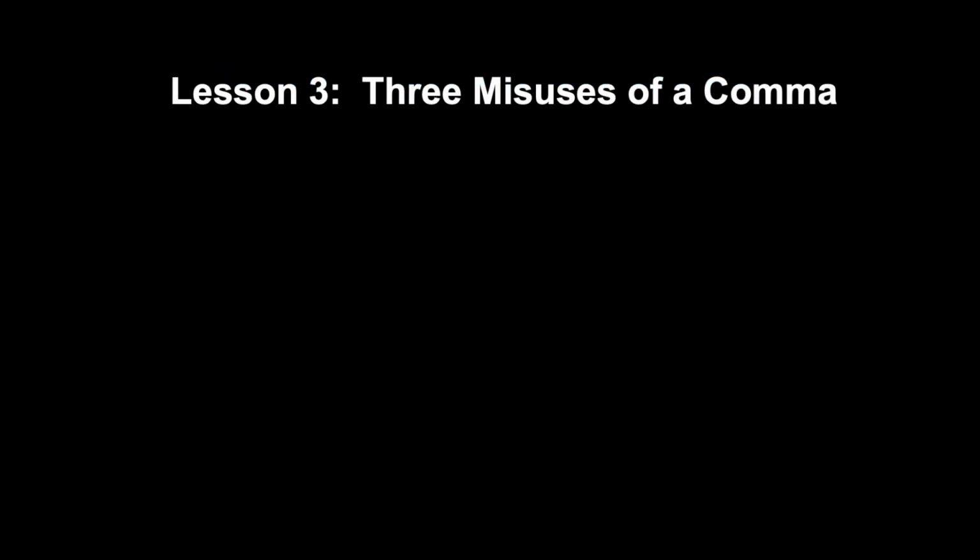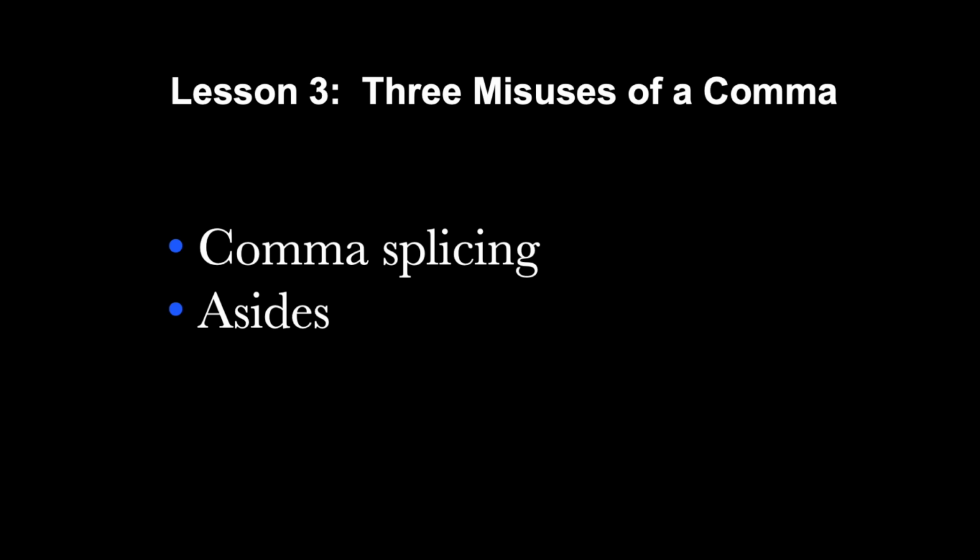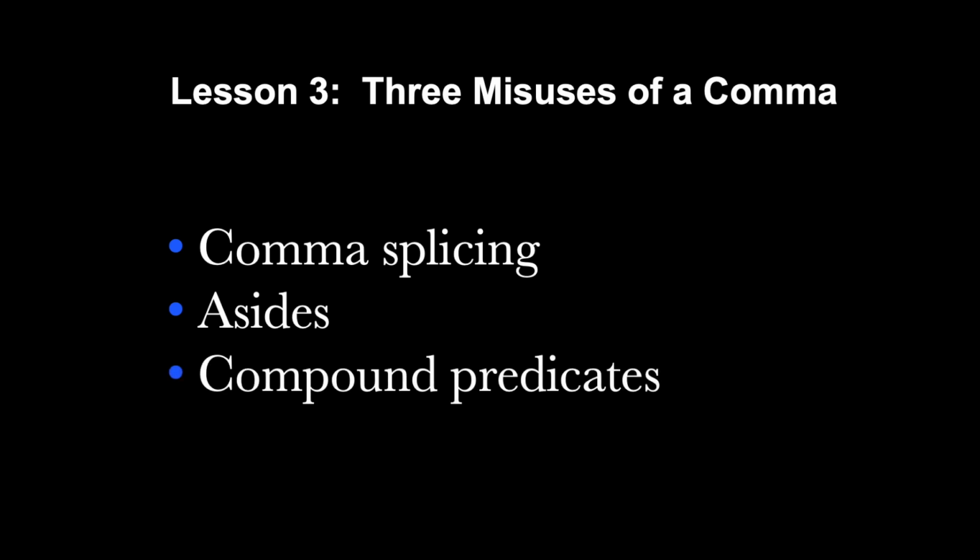We've looked at 3 misuses of commas here. We've looked at comma splicing, we've looked at asides, and we've looked at compound predicates, places where often commas are misused. In our first lesson, I noted that some people don't think grammar and punctuation are particularly important, and that seems especially to apply to the use of commas.